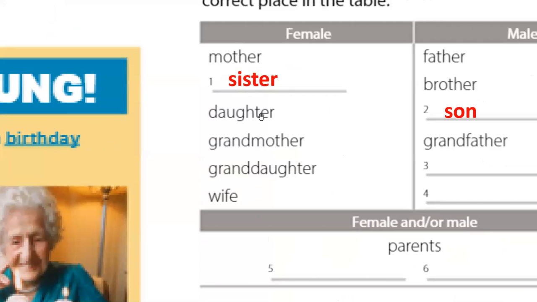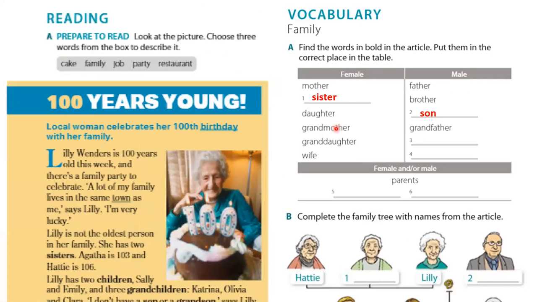The pronunciation of this word is daughter. Es muy común confundirse con esta palabra porque se escribe daughter, pero se pronuncia daughter. Okay. Then we have grandmother and grandfather.